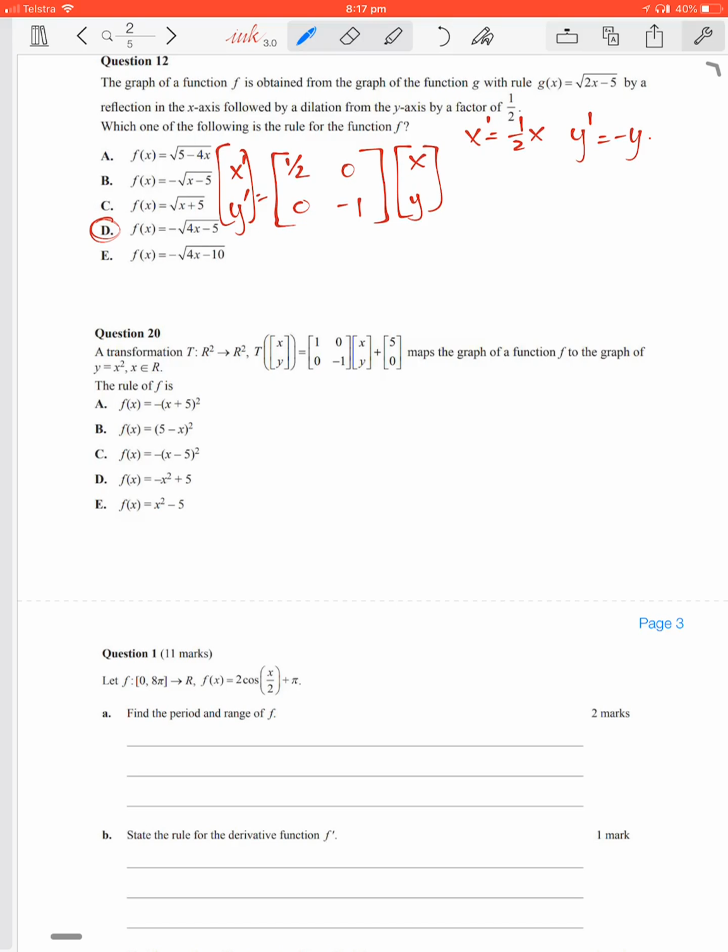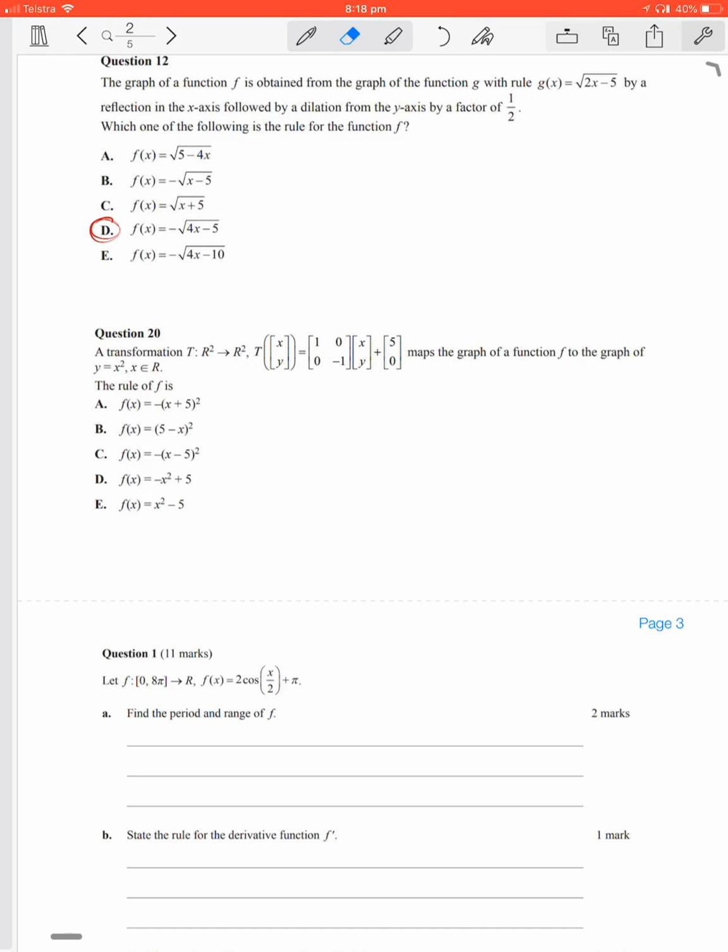From here, I get x equals 2x dash, y equals negative y dash. When we sub into the equation, negative y equals root 2, I've got to replace x with 2x minus 5. We get y equals negative, when I bring that negative across to the other side, root 4x minus 5. So we get the same equation as before.